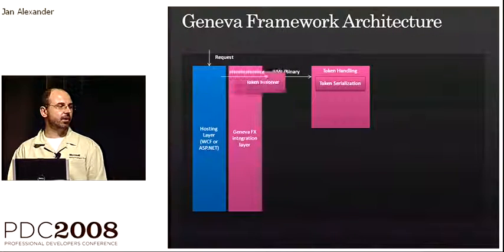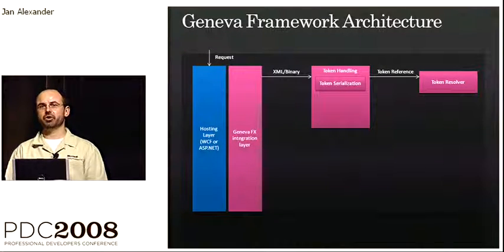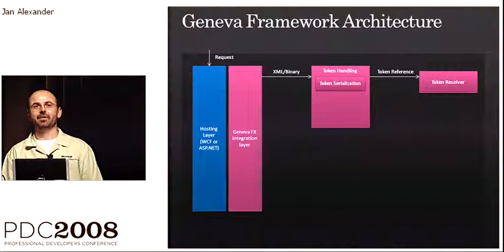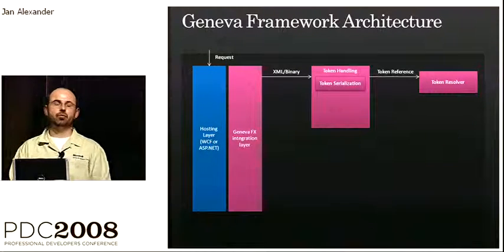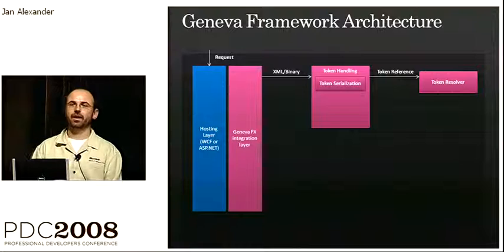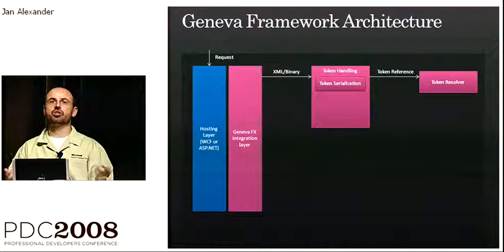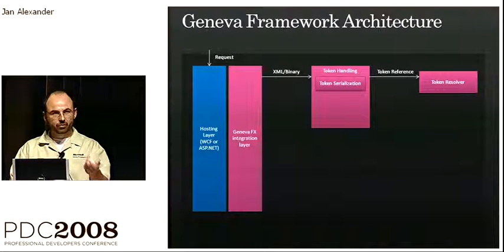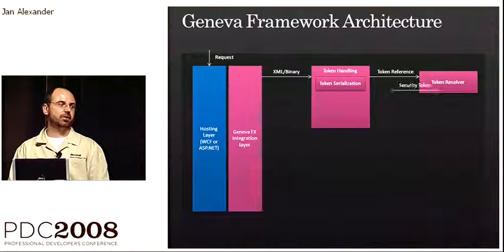So we deserialize that token, and for that, we need to be able to resolve tokens, because the token is signed usually by other tokens that represents the issuer, and that signing token doesn't have to be inlined in the token that arrived. And for that, you need to be able to reach out. Oh, what are the issuers that I know about? And do you actually know about this reference? Are you able to resolve this key? So this is the token resolver.